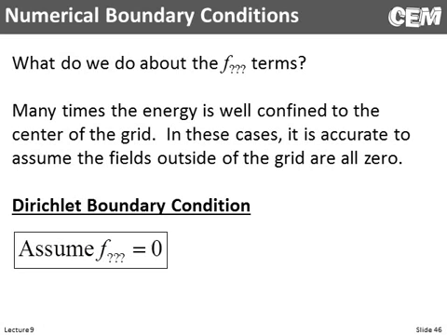But it would be a good boundary condition, for example, let's say we're modeling the field around the transmission line or inside a waveguide. The field's confined, and we can make our grid encompass the waveguide in a whole extra space so that all the fields are inside the grid and not touching the edges. And this is a great boundary condition to use in that circumstance. It's also the simplest, and it's called a Dirichlet boundary condition.